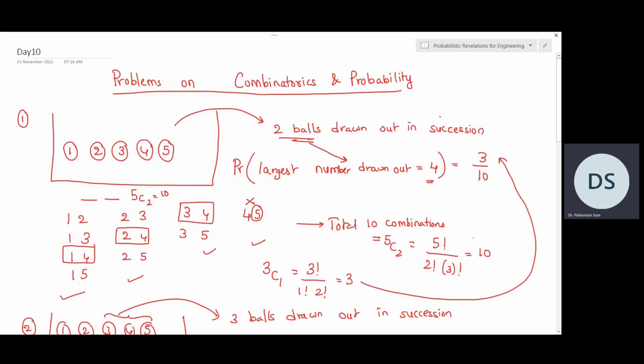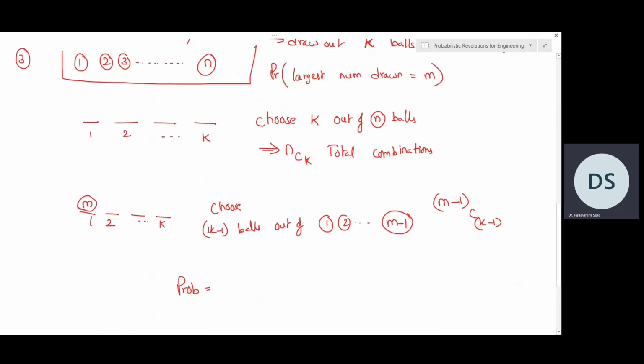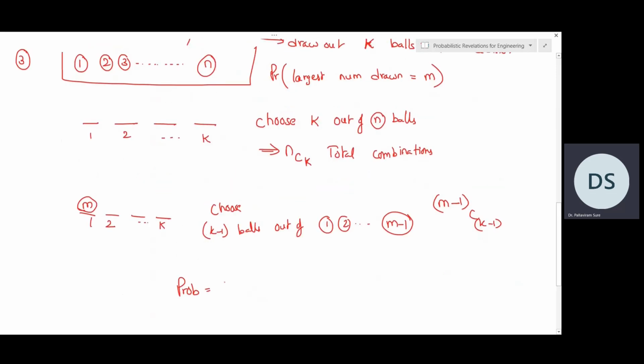So 3 in the numerator and 10 in the denominator. So this is the generalized version of the answer. So hence the probability that we are looking for is none other than (m minus 1) C (k minus 1) divided by nCk.